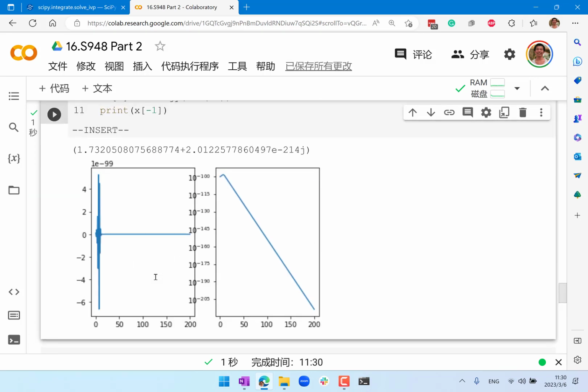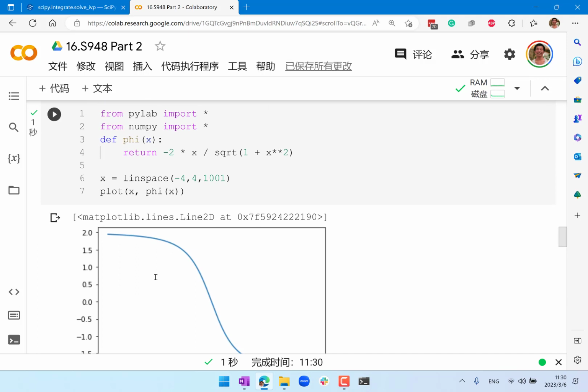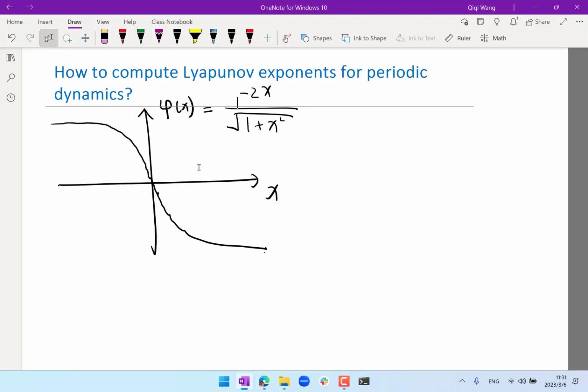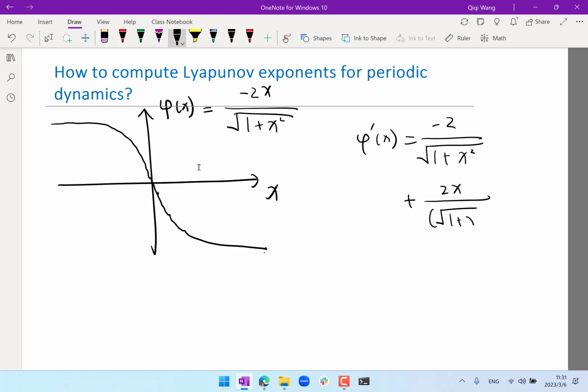Okay, so I can just differentiate this function at that number, which I can do analytically, right? So if you take that function, phi prime of x should be minus 2 divided by the square root of 1 plus x squared, right? Then add 2x divided by 1 plus x squared cubed, right?